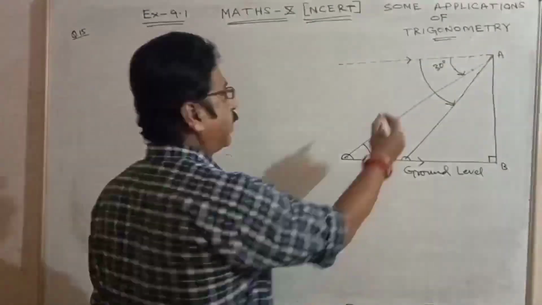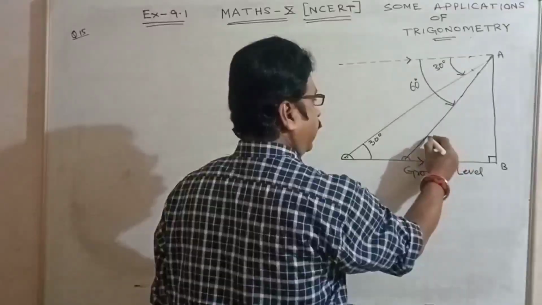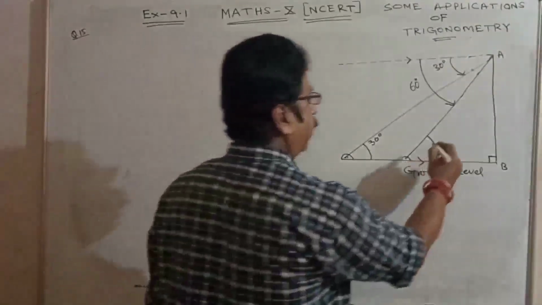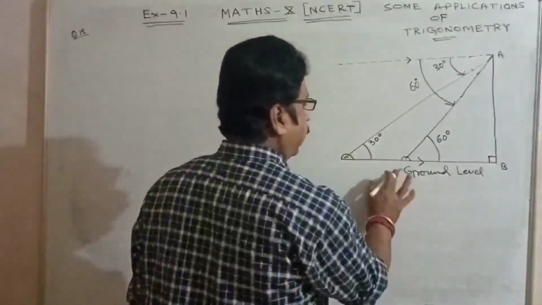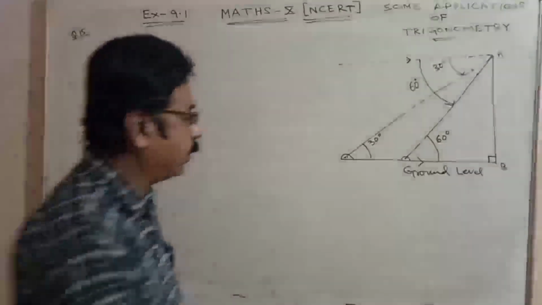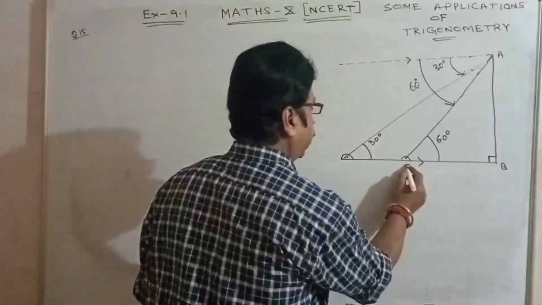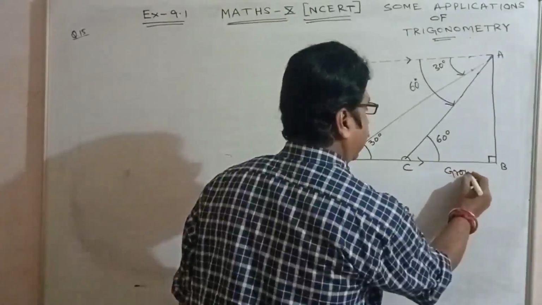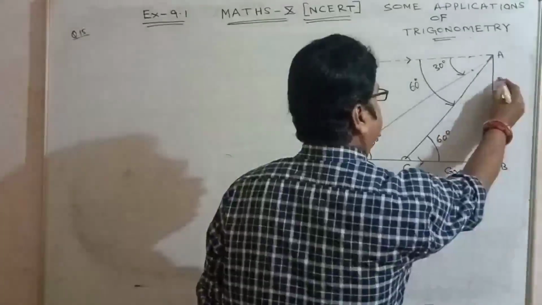Next case, the angle of depression is 60 degree. Now this angle and this angle, these are alternate angles, so this will be also 60 degree. Suppose AB, this is C, D, it is ground level. It is a tower.